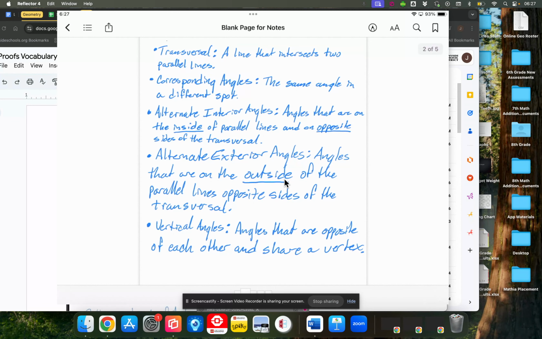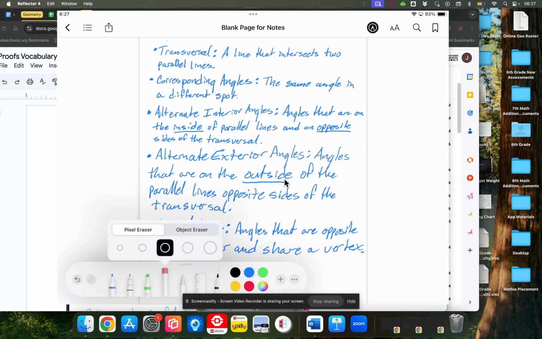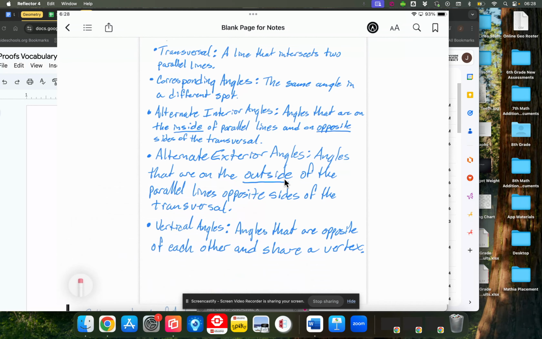Sorry, that should say transversal, actually. Opposite sides, same side. We can change this right now. Angles that are inside of parallel lines and opposite sides of the transversal. No, that's correct. Wording is kind of tricky.